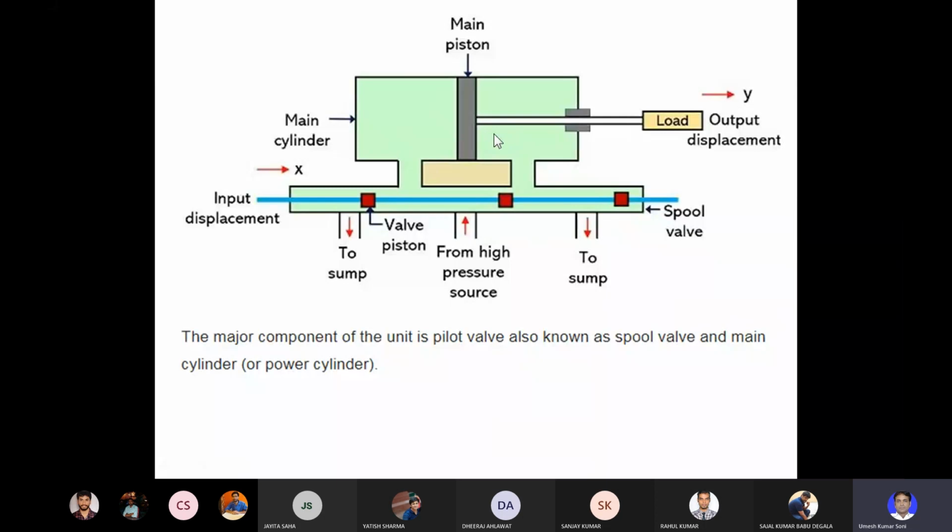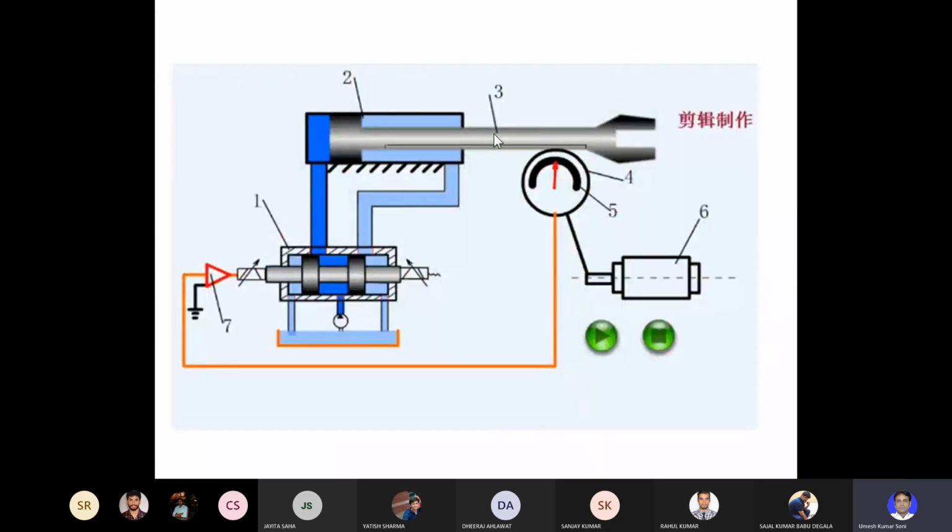Hydraulic fluid has incompressibility, so it will provide non-delayed transmission of input force resulting in output force. So a small input force can provide a higher output force.